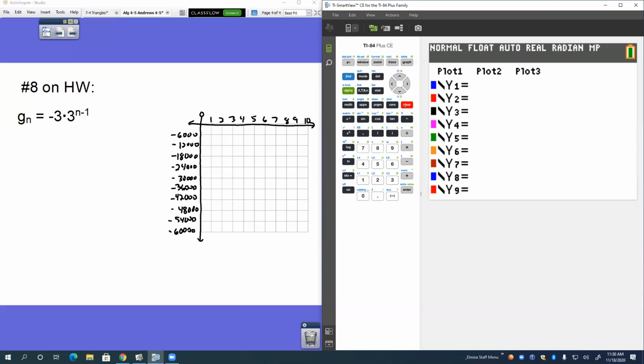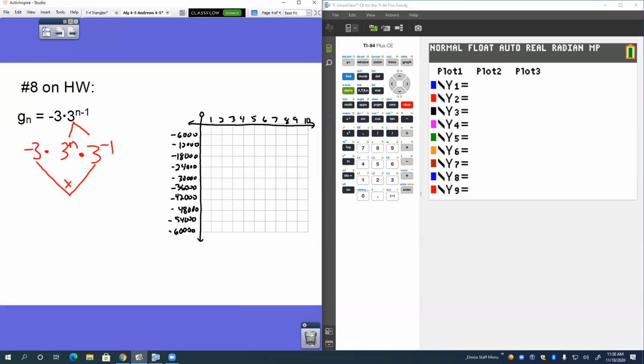So on this one, what you're going to do is take this 3 to the n minus 1 power and split it into 2. So this becomes 3 to the n times 3 to the -1st. We need to bring down our -3 from the beginning and our times sign from the beginning. Because we're multiplying all of these together, you have to multiply these two terms together.